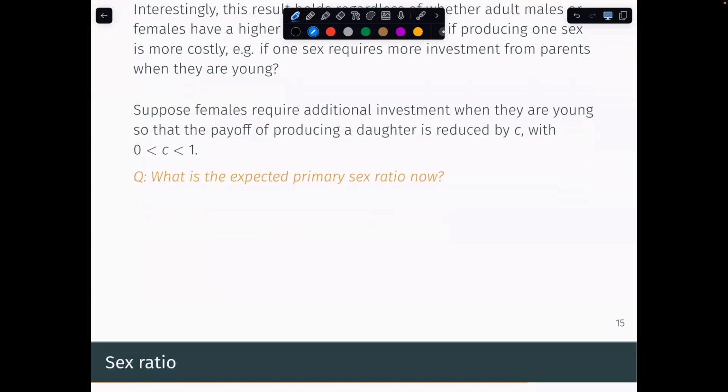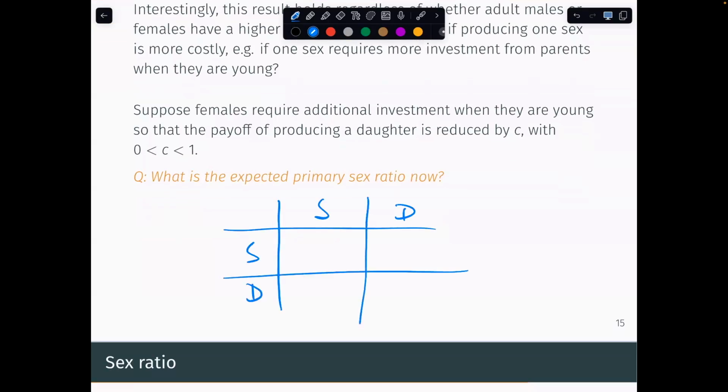Okay, so in this case, what's our payoff matrix? We're going to have sons and daughters again for males and females. As before, we're still assuming that females are making the choice, so our rows are not actually going to differ here.